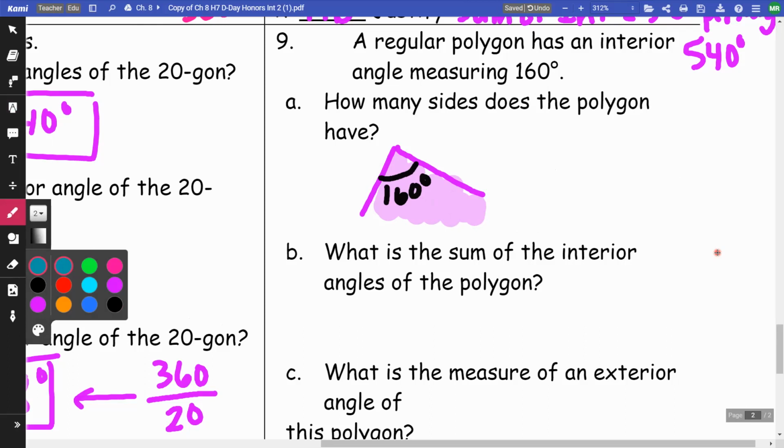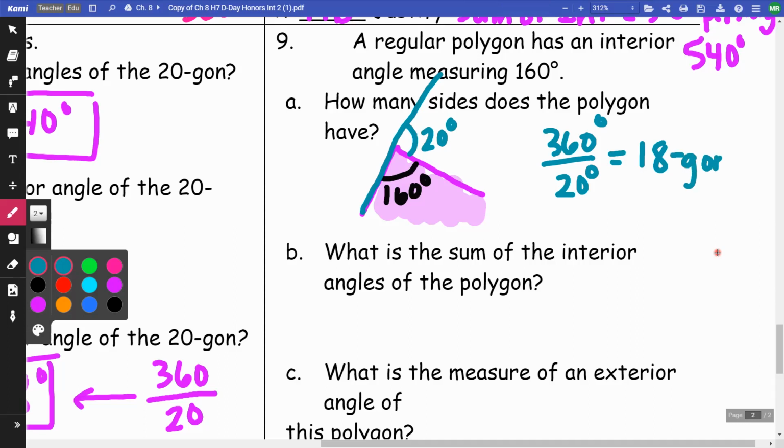That means that if I was to have an exterior angle, it's going to be 20 degrees because again, they have to add to 180. So I'm going to take 360 degrees divided by 20 degrees to see how many sides I'm going to have. And 360 degrees divided by 20 degrees is 18. There's 18 sides. So this is going to be an 18-gon.